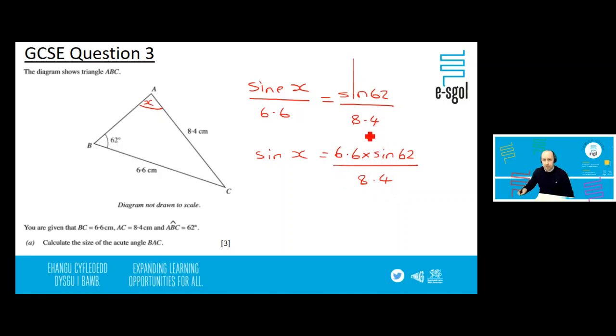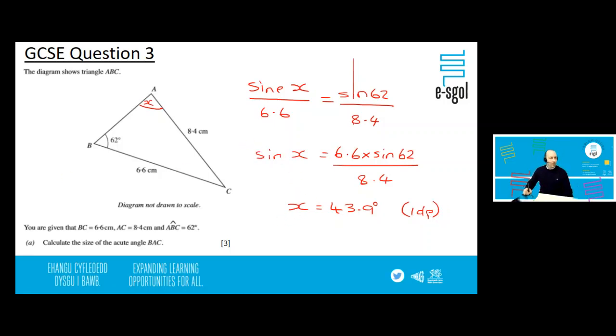So I'm going to type all of that into the calculator. I'm going to press Shift and Sine, the inverse of sine, and I should get an answer for that angle of 43.9 degrees, and that is to 1 decimal place.